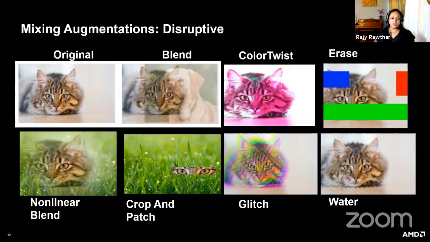Then you can do a blend with some other image called non-linear blend, and then you can do crop and patch. And glitch is like when you have a glitch in your computer or something, it looks totally different, and you can apply water augmentation, etc.